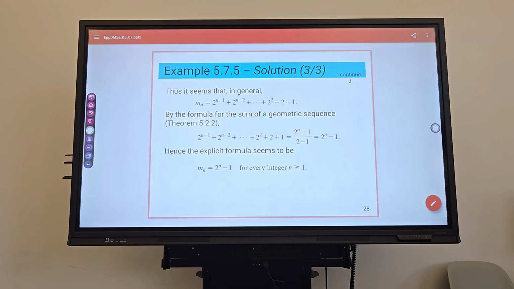But the sum of a geometric sequence theorem shows that this is 2 to the n minus 1 over 2 minus 1, or 2 to the n minus 1. So the explicit formula seems to be m sub n equals 2 to the n minus 1 for every integer n greater than or equal to 1.